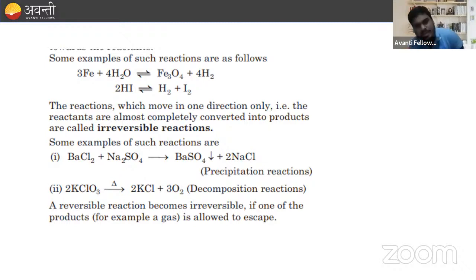Understand this: in the above two cases, a reversible reaction becomes irreversible if one of the products, for example a gas, is allowed to escape.